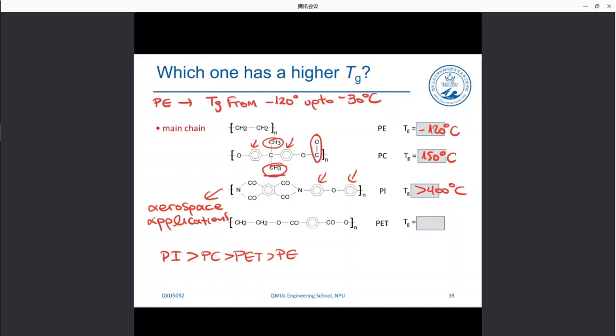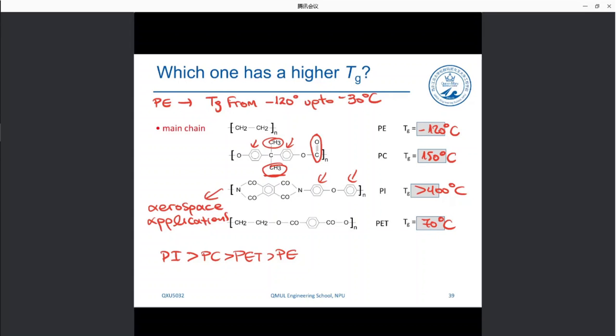And finally, the PET has a glass transition of around 70 Celsius degrees, okay? You can see that it obviously has a much higher glass transition than the PE, because there are carbon-oxygen bonds, there is a phenyl group over there, and so on.